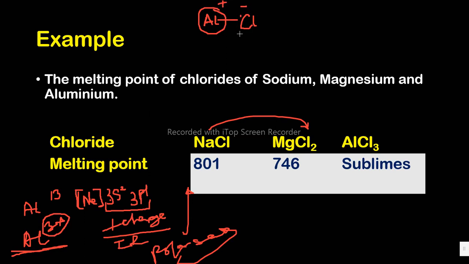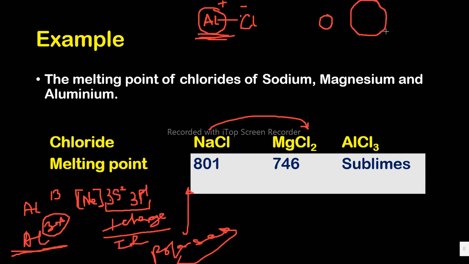In the process of attracting, this one is very small, while the chlorine is large in size.